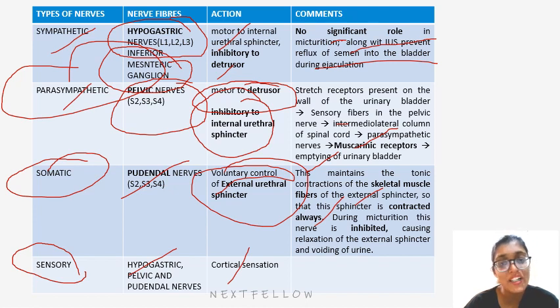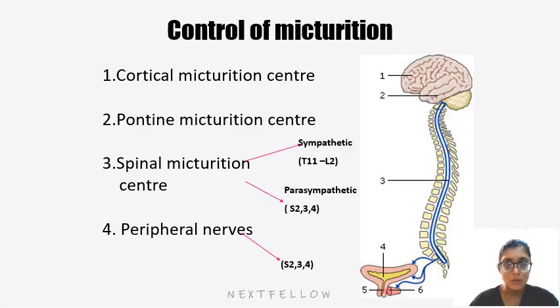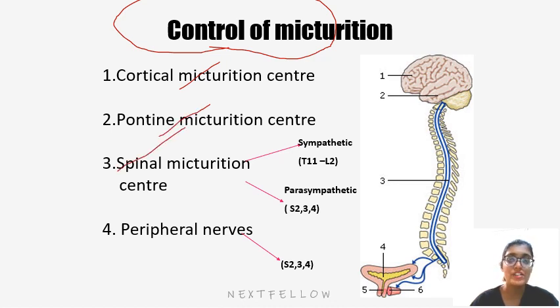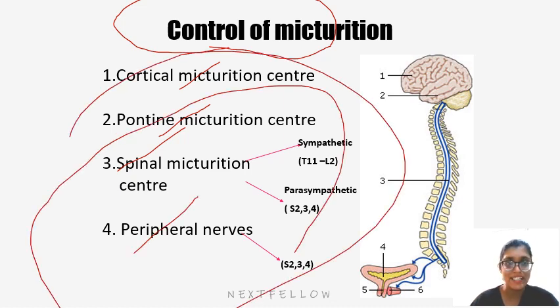Cortical control of the bladder is through this nerve supply. Coming to the control of micturition, there are three centers and the peripheral nerves: one is the cortical micturition center, one is the pontine micturition center, one is the spinal micturition center, and the peripheral nerves. I'll be discussing each one in brief subsequently.